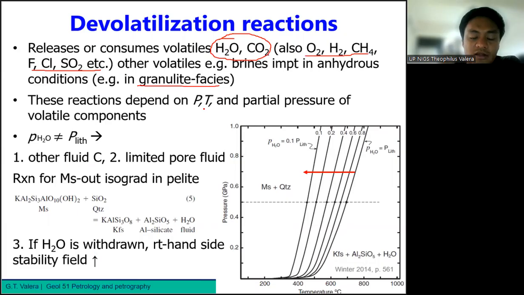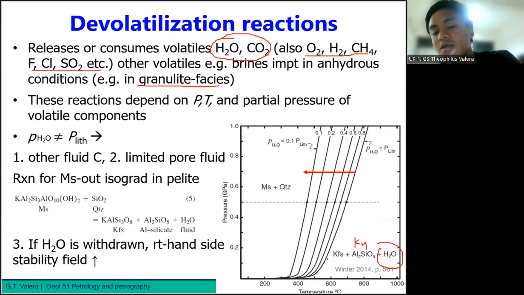For example, take this reaction: muscovite plus quartz equals alkali feldspar plus aluminosilicate, for example kyanite, kaya sillimanite o kaya andalusite, but for sake of example, let's use kyanite, and water. In this reaction, water is actually a component that is limiting the reaction, meaning it's not completely mobile.